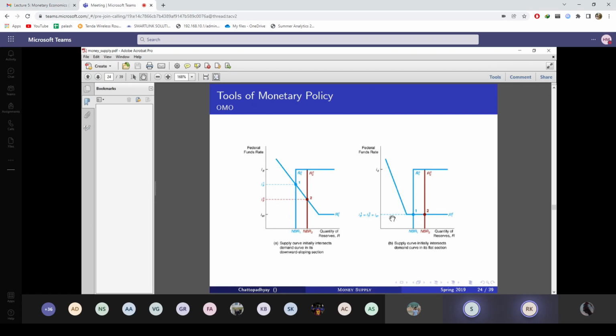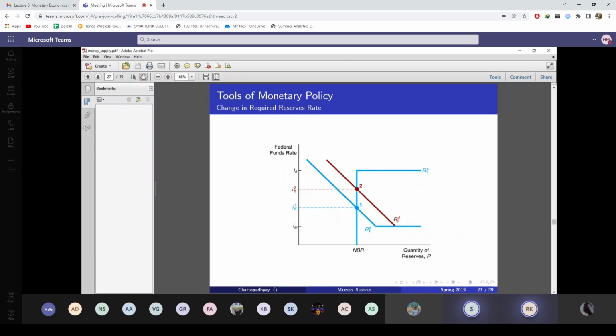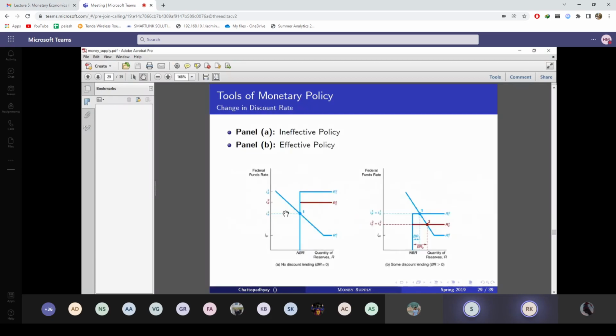So no change in interest rate means no change in investment and no change in output. It's a completely ineffective monetary policy over here, when my interest rate is at the floor. The opposite happens in this case, when my interest rate is basically in the middle, this policy does not change, has no effect.